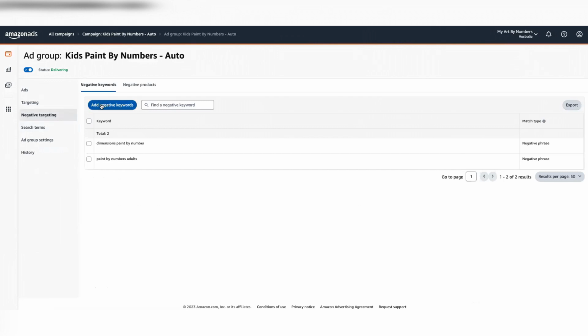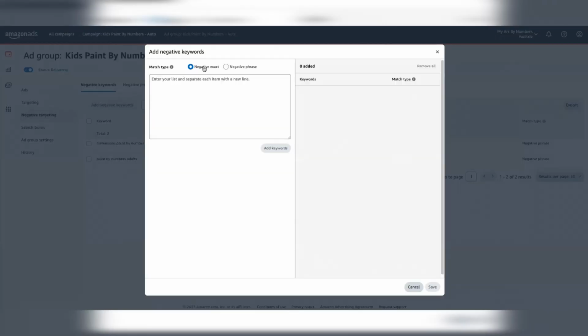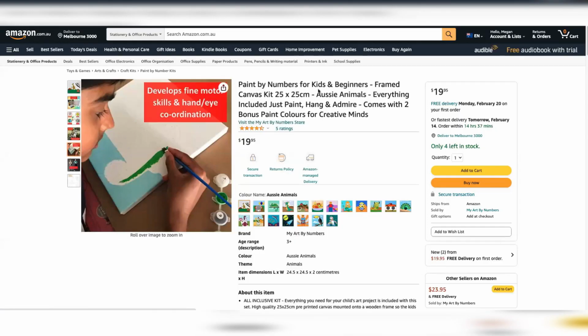So you go add negative keyword. And there's two match types. So if it's a brand, or if it's something that's completely irrelevant to your product. In this instance, this is a paint by numbers kit for kids. There is quite a lot of search volume for paint by numbers kits for adults, which this wouldn't be suitable for.